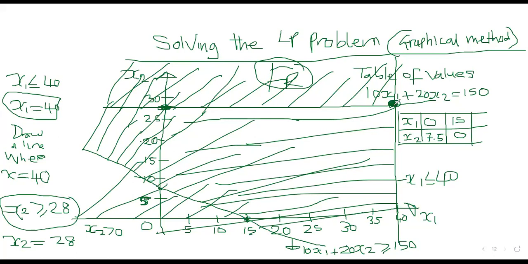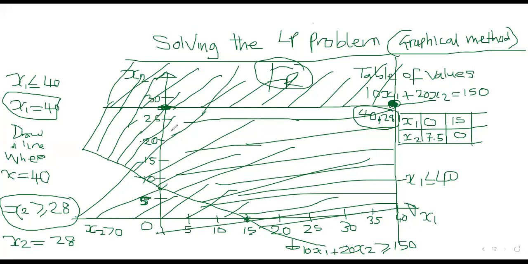So the corner points of the feasible region: this is (40, 28). This point is (40, 28).